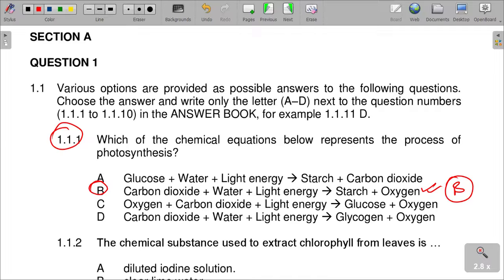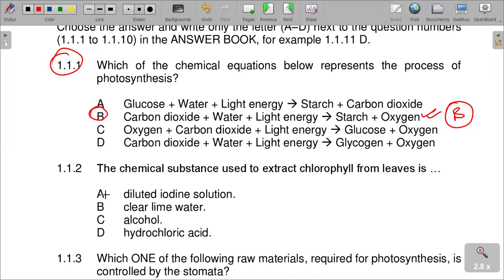I remember the previous question paper that we did, which was an experimental question, where people argued about the answer. So please, the correct answer here is B. The chemical substance used to extract chlorophyll from leaves is dash. The chemical substance that is used to extract chlorophyll from leaves, what is it?